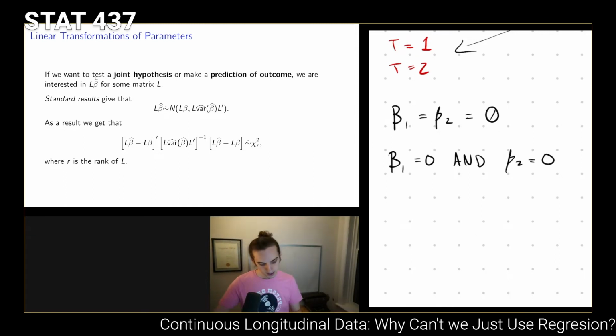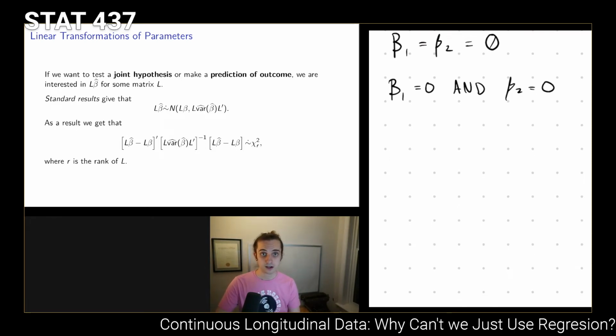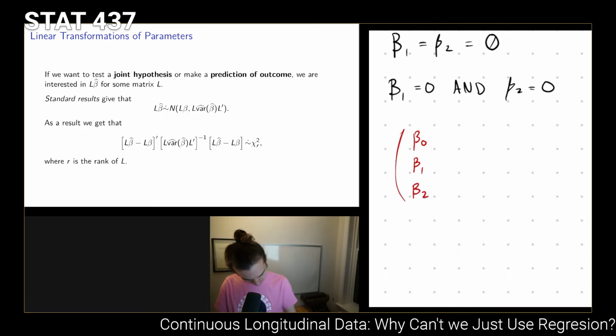Now, if we think about our betas as a vector, we have beta 0, beta 1, and beta 2. So this is our nice little 3 by 1 vector.